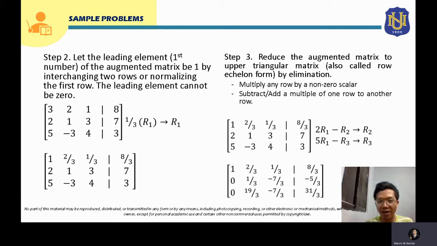Okay, and then we have here 5 times 1/3 minus 4. So that will be negative 7/3. And then we have here 5 times 8/3 minus 3. Oh, so that will be 31/3. So that will now become the new second row and new third row.